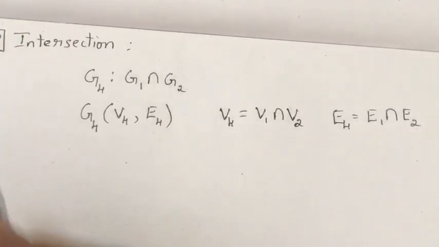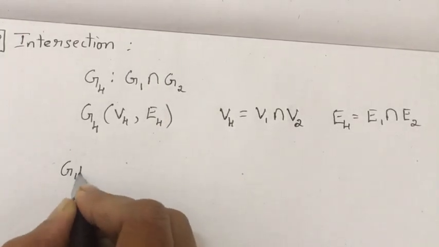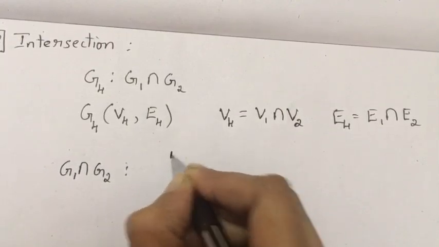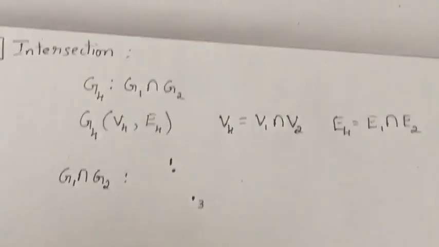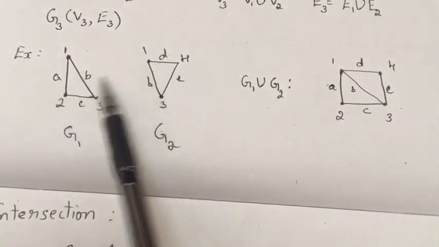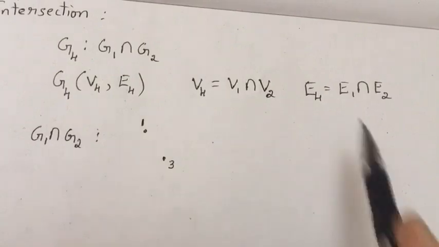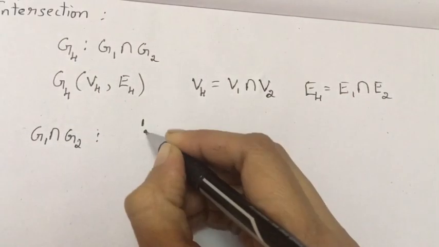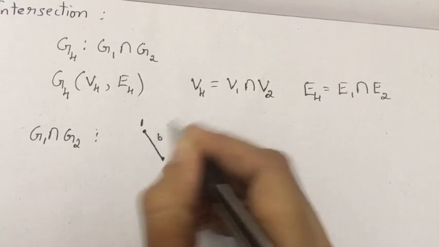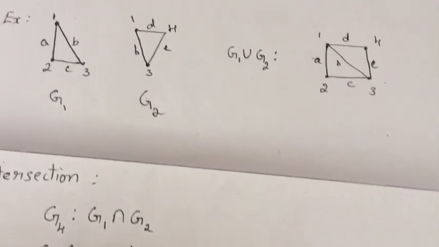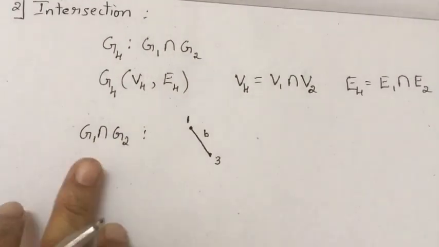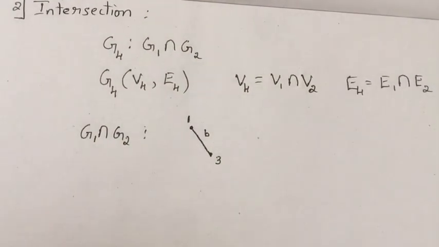So for this example, G1 intersection G2 has vertex set with vertex number 1 and vertex number 3. The only edge common in both is edge B. So for this example, G1 union G2 is this and G1 intersection G2 is this.